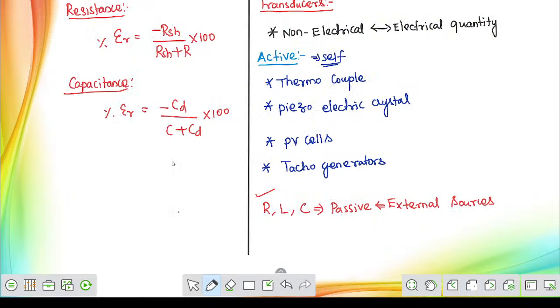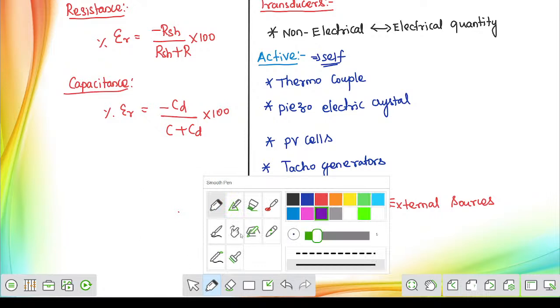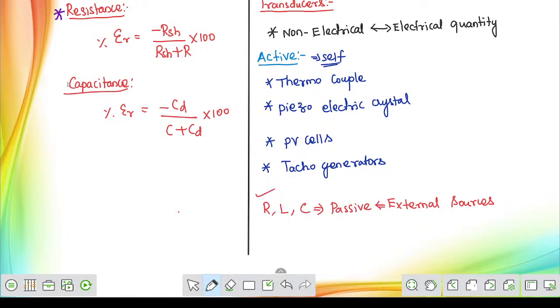Hope you all understand. Another most important area is that you will be asked to calculate the error offered by the Q meter. The error can be calculated in terms of resistance or capacitance. First, if they ask for the error in terms of resistance, then the shunt resistance value and coil resistance value will be given. Just remember the formula: minus shunt resistance divided by shunt resistance plus coil resistance, into 100.